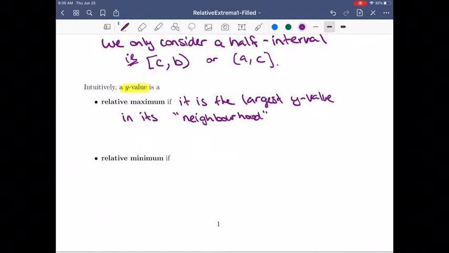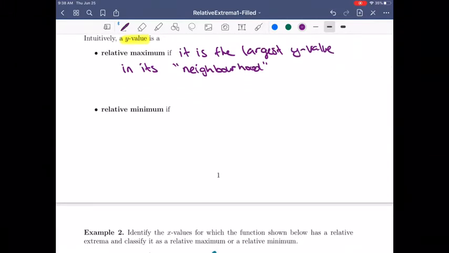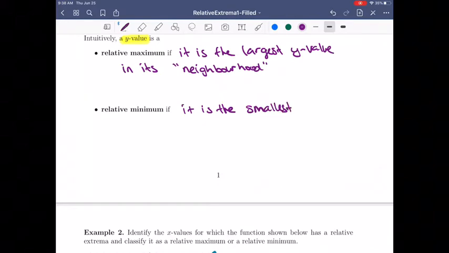It could be a small neighborhood. So in a small area surrounding it, it's the biggest y value. And it's a relative minimum if it is the smallest y value in its neighborhood.